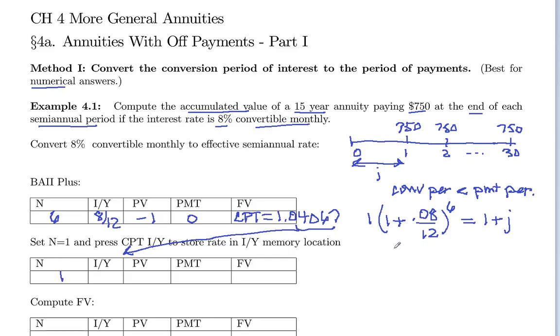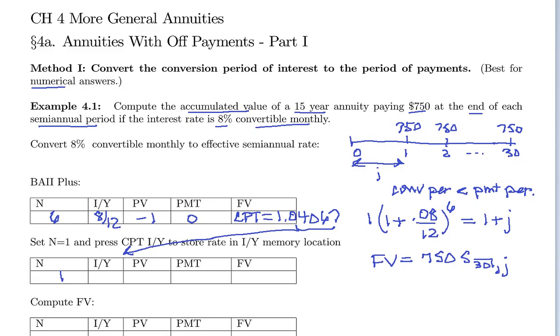Once you've got the interest rate, our future value or accumulated value would just be 750 times s angle 30 at J. Not I, J. You could use the formulas for s angle n to do that.